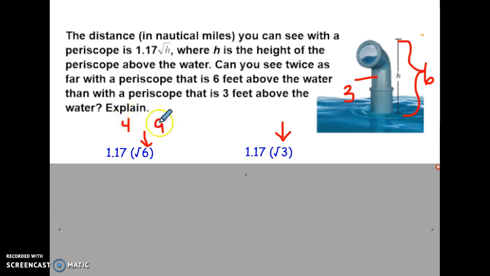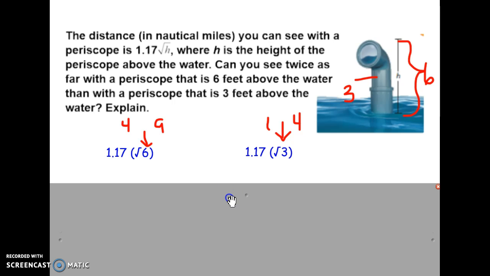So it's somewhere in between 2 and 3, okay? Which would mean this is just less than 4, because it's closer to 4. So they're actually both pretty close to right around 4. So I'm going to assume right away that no, you can't.